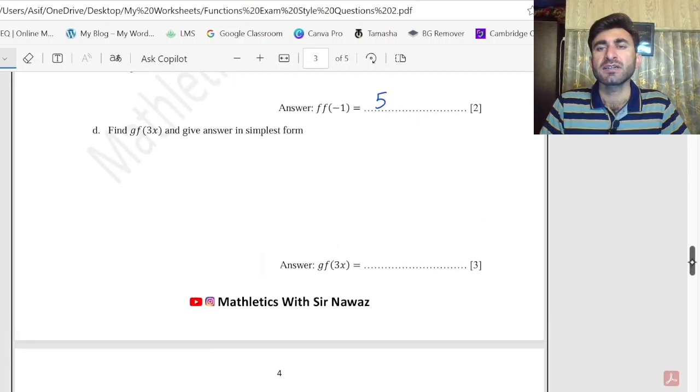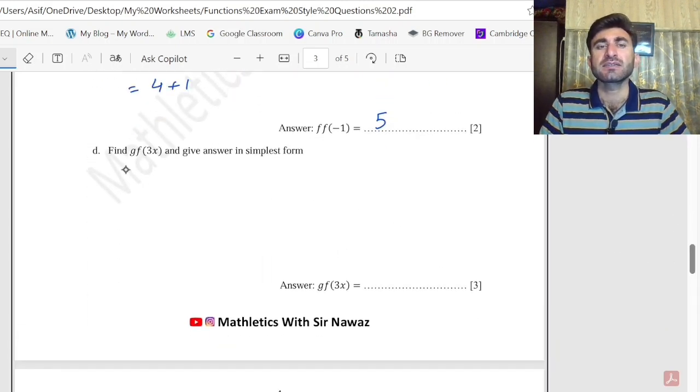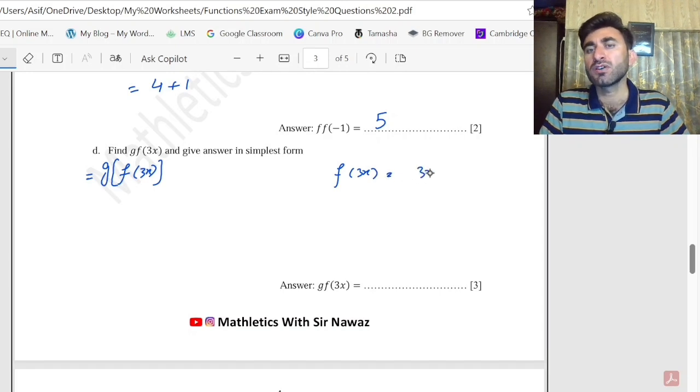Coming to the next part, the D part, it states find gf of 3x and give the answer in simplest form. So that is a composition. First we need to find f of 3x, and then we will replace this value in function g. So f of 3x shall become the square of 3x plus 1, which becomes 9x square plus 1.